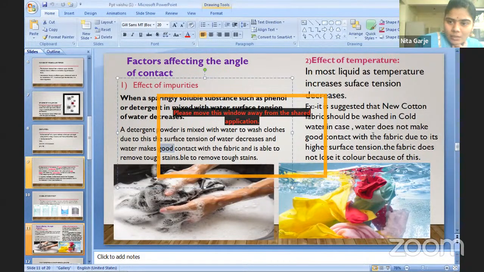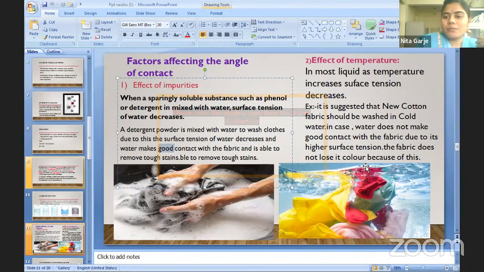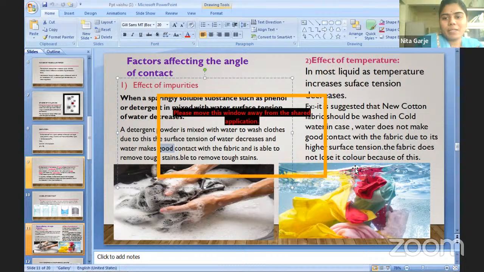Due to that, the water does not make good contact with the fabric, so the fabric doesn't lose its color. But when we use hot water, they lose the color. And if the fabrics have any type of tough stain on them, that stain is also removed when we use hot water or detergent.